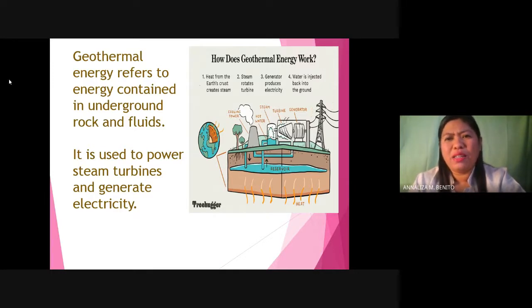So how does geothermal energy work? First, heat from the Earth's crust creates steam. Then the steam rotates the turbine. After that, the generator produces electricity, and lastly, water is injected back into the ground. That is why it is clean and environment friendly.